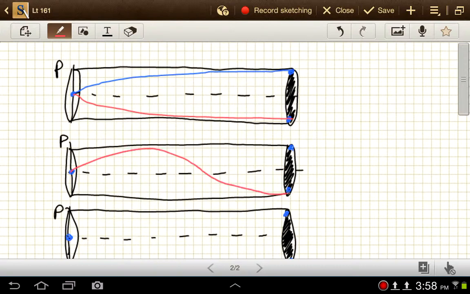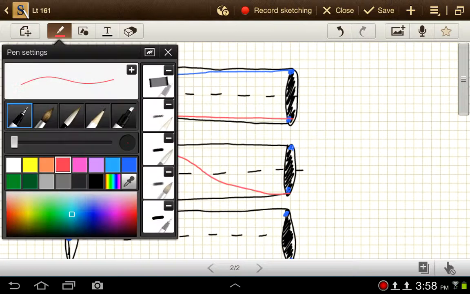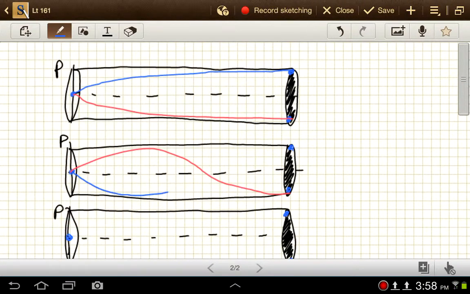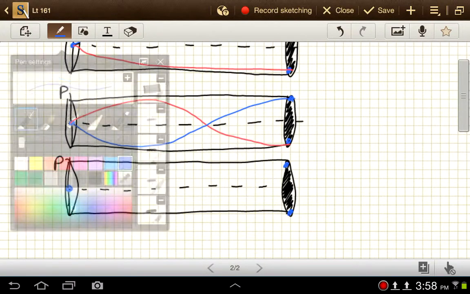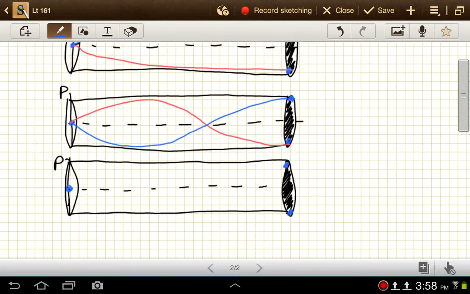A little better. And then the opposite side is going to look something like this. Or maybe we have an extra area where pressure is changing, and so we could have something like this, or opposite that, we would have something like that.